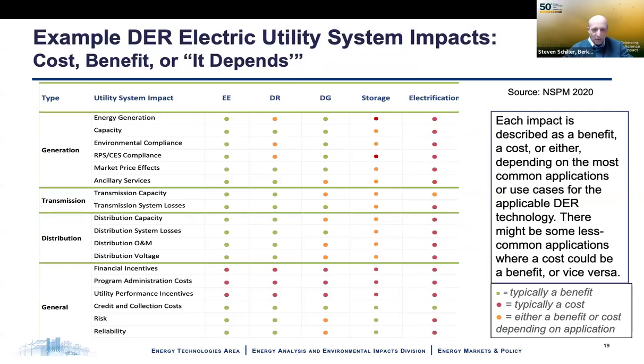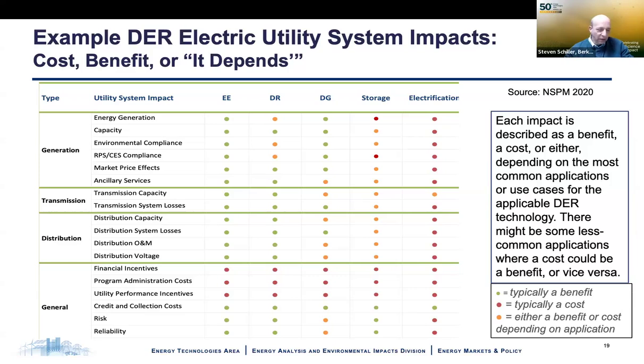Now, you've perhaps been wondering, I've been talking a lot about all these different impacts. What are some of them? I'm not necessarily going to go through all of these because that would take quite a while, and our training course takes 2 days. But in these slides here, I've got some examples of utility system impacts that might be included, and whether they're costs or benefits, whether they're applicable to different types of DERs: efficiency, demand response, generation, storage, electrification.